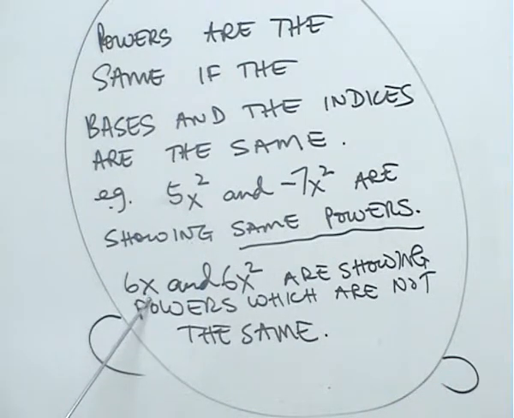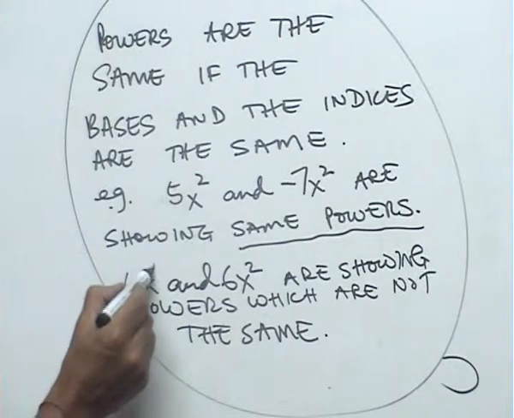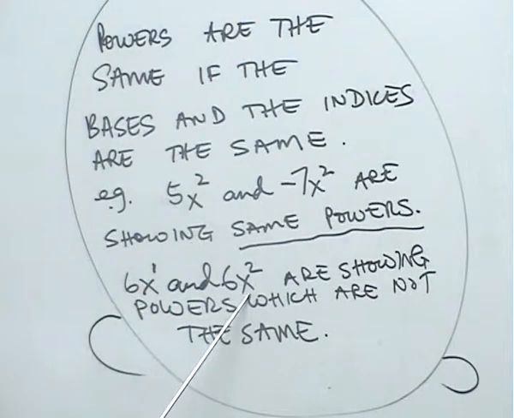Because if you look here, you got x, but the index is 1. Here you got x, but the index is 2. For same powers, the base and the index must be the same. Here the bases are the same, but the index is different. So therefore these powers are not the same.